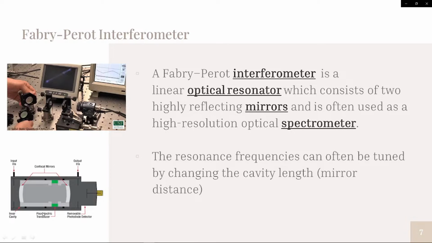These two mirrors are confocal mirrors and they have a distance between them. You can tune this distance and change the resonance frequency by tuning the distance of these two mirrors, which means that the Fabry-Perot interferometer has moving parts. Now coming to the VIPA, or the virtually imaged phased array.